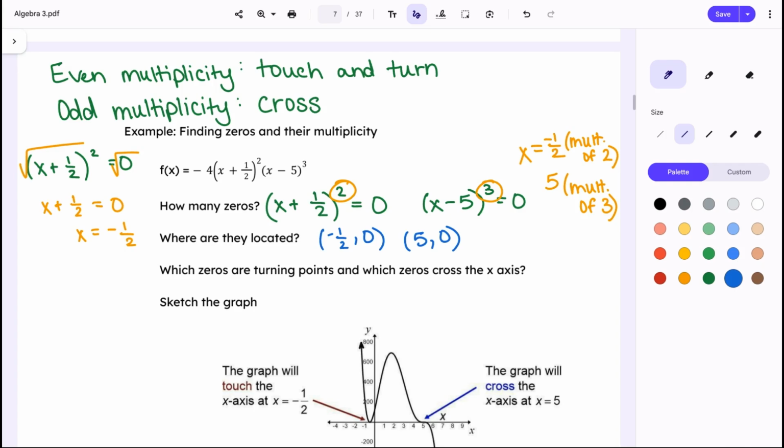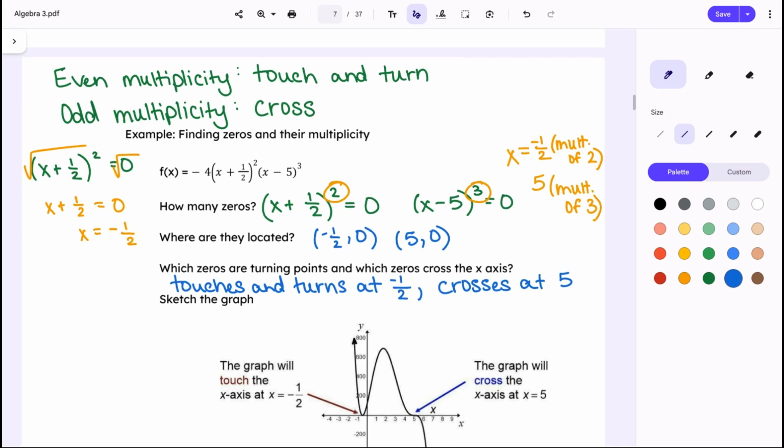So at -1/2, I'm going to say it touches and turns there. And then I'm going to say it crosses at 5, because the 5 is an odd multiplicity and the -1/2 is an even multiplicity.